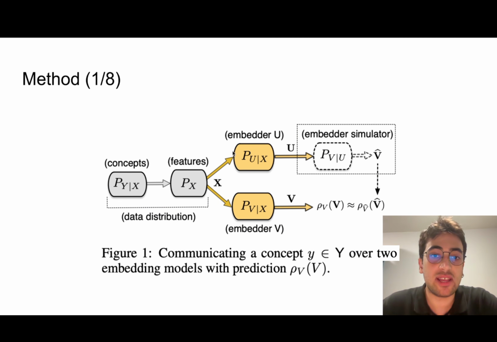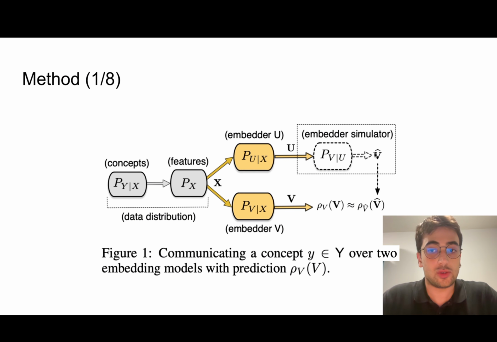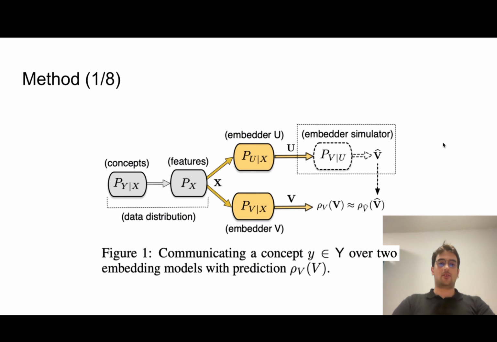So let's say you embed your images with embedder U and with embedder V. After you created the vectors, you can use the U embeddings and simulate them. It can be anything, it can be a kernel, for example. You map those vectors to other vectors, and then you try to imitate the V embeddings, right?